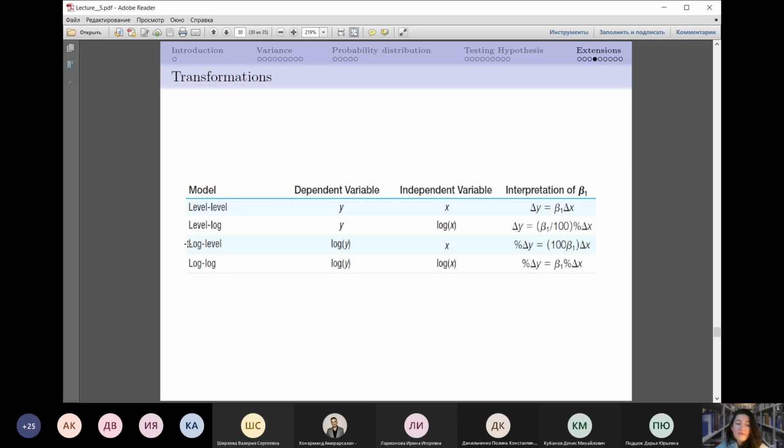Yeah, we have the third one here from this table, log level model. Because our dependent variable is the logarithm and our independent variable is in levels. And in this case, when we interpret the coefficient, we need to multiply it by 100%.